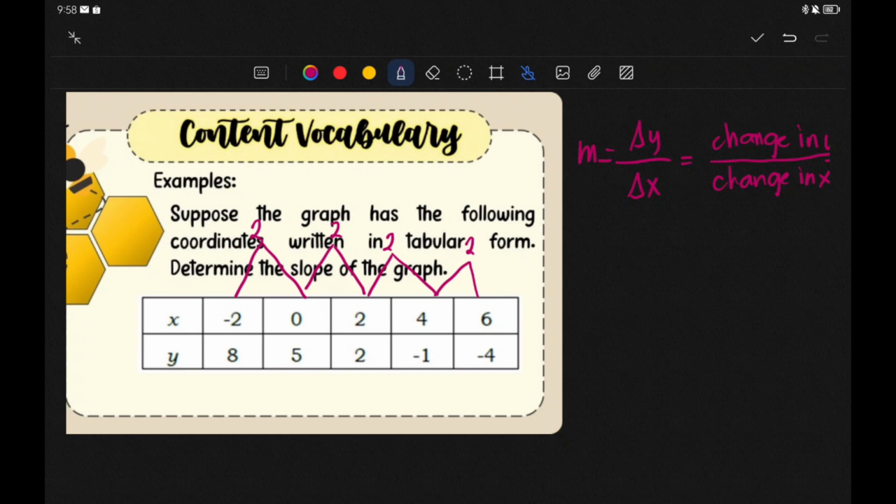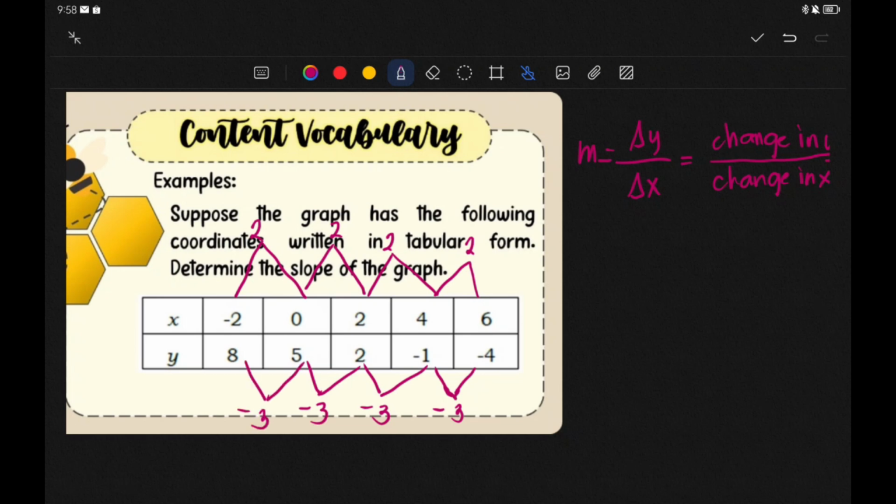And for the y coordinates, we have negative 4 minus negative 1, that's negative 3. Negative 1 minus 2, that's negative 3. 2 minus 5, that's negative 3. And 5 minus 8, that's also negative 3.